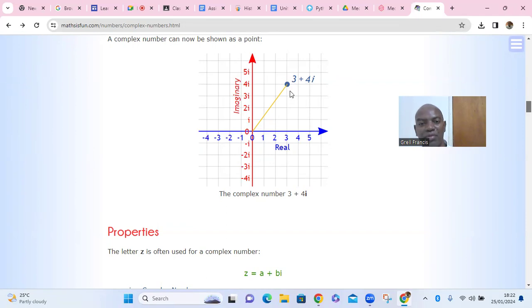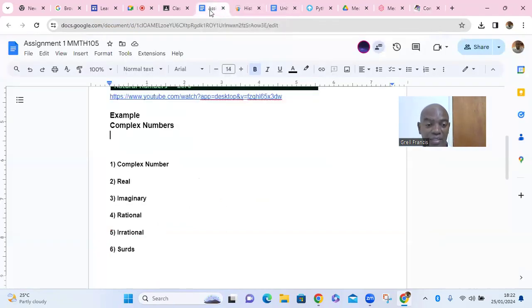So an example would be like 3 plus 4i, or 9 plus 8i. You must have i in the imaginary part. So coming back to the assignment, an example. You can write an example in terms of the question itself. You can give your own example.